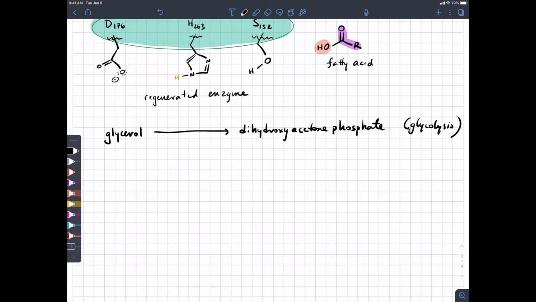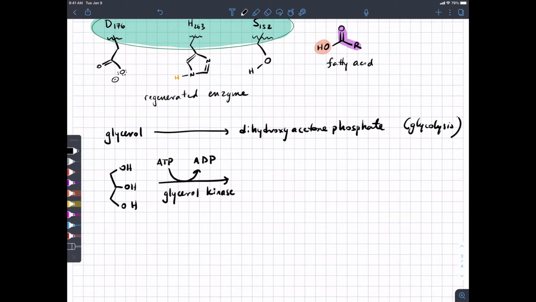So what happens here is glycerol, and we're going to take ATP, and we're going to transfer one of the phosphate groups of ATP onto glycerol using an enzyme called Glycerol Kinase.